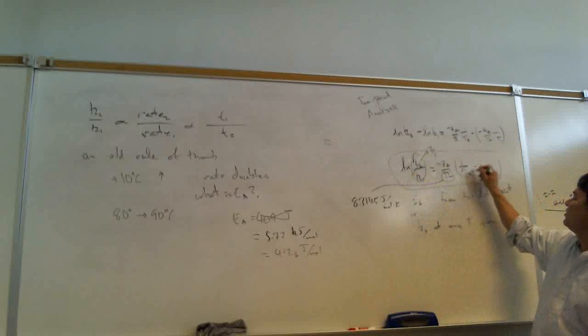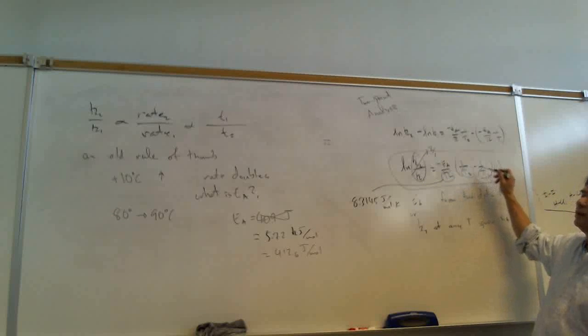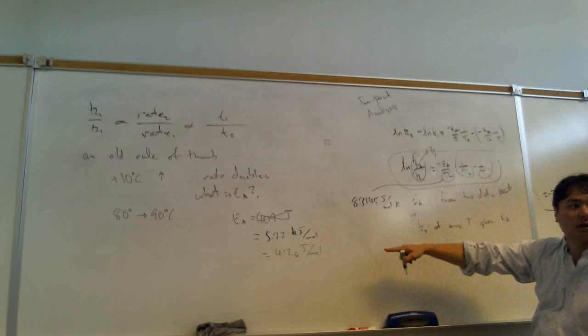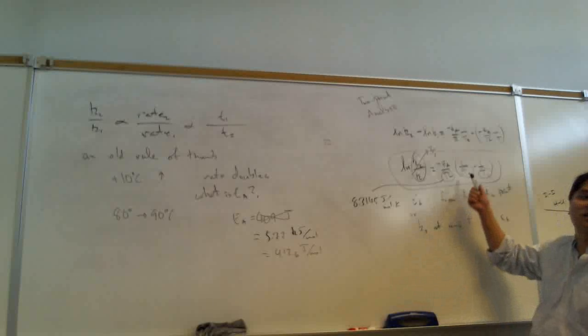And then T2, did you convert that into Kelvin? Yes. And T1 converted into Kelvin? I just did the math first and then convert it. No, you can't. You have to convert it first. Because if it's 0 degrees C, then it's going to really screw things up.